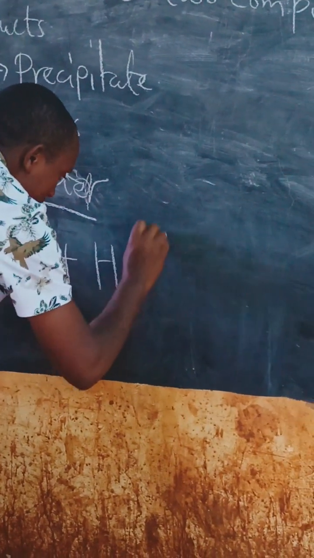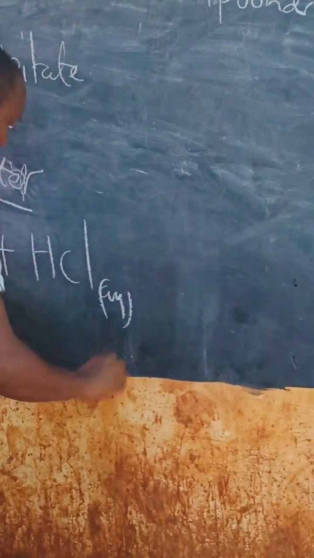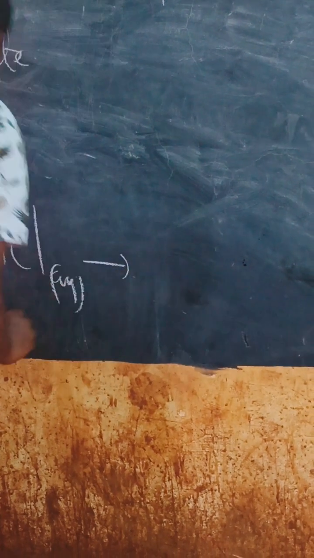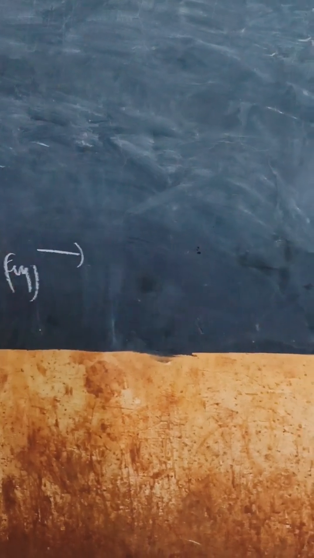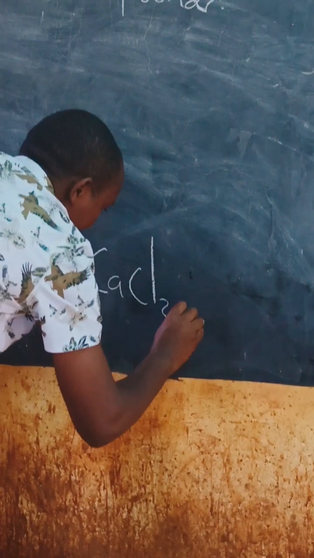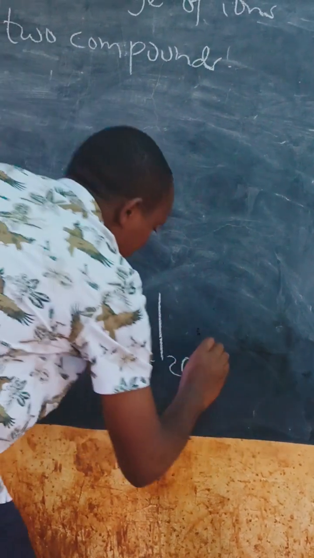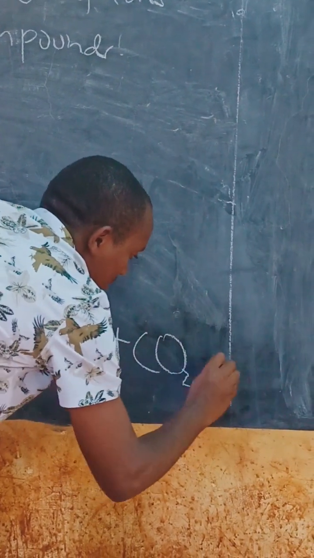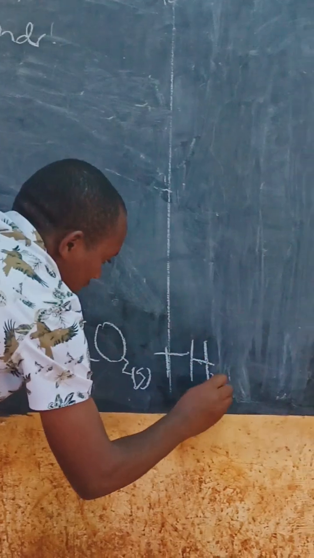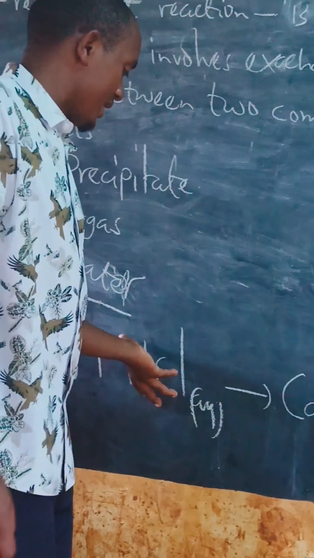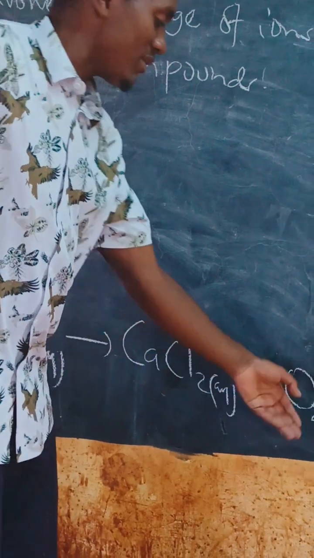When you react it with HCl aqueous, hydrochloric acid, a carbonate plus an acid gives a salt, calcium chloride aqueous, plus carbon dioxide gas plus water liquid. So this is a carbonate reacting with an acid to form salt, carbon dioxide and water.